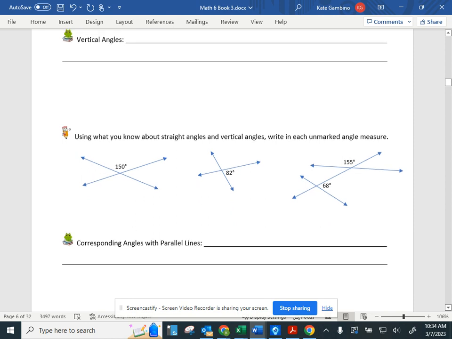So vertical angles are angles opposite each other at a common vertex.